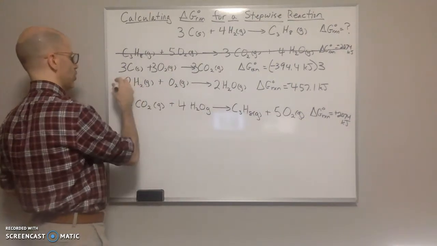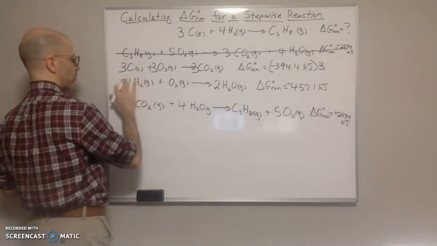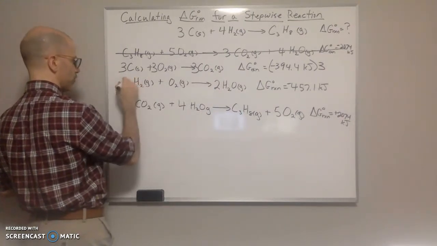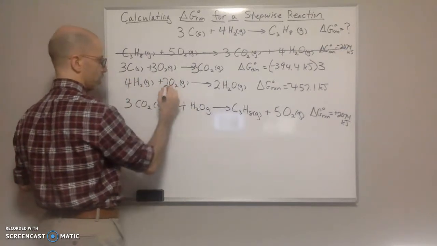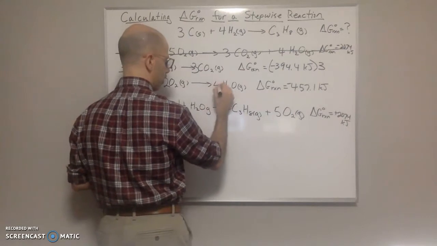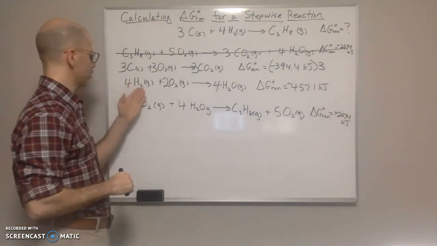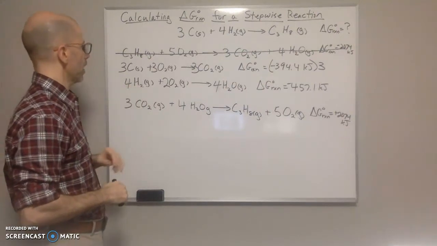So we're going to need to multiply everything by 2. So we're going to multiply this by 2 to get 4. This will become 2, and this will become 4 as well. And so now we have hydrogen as 4.